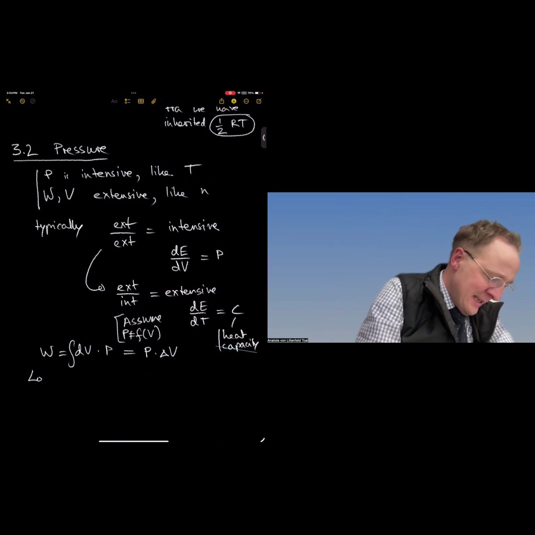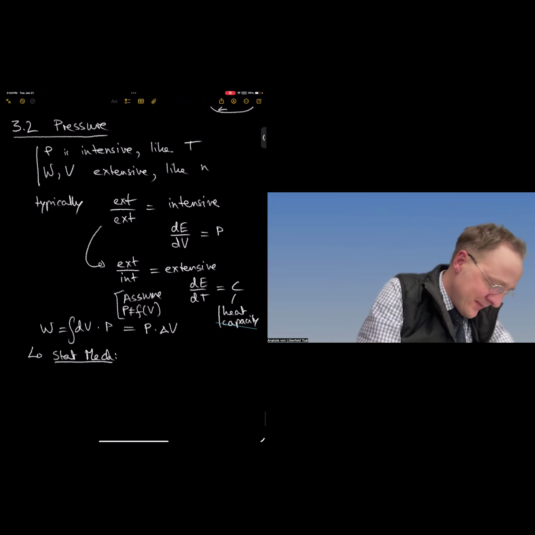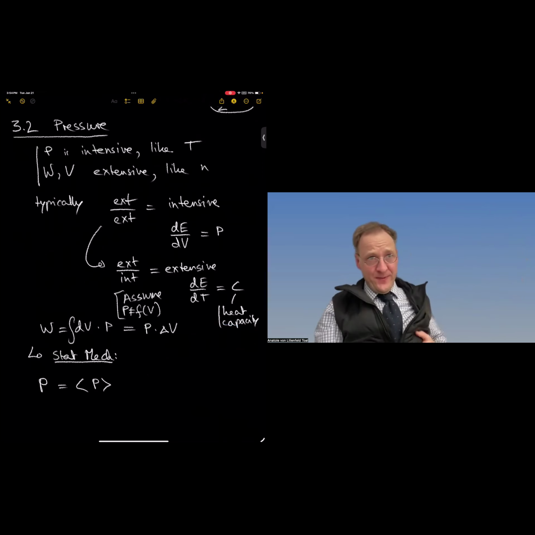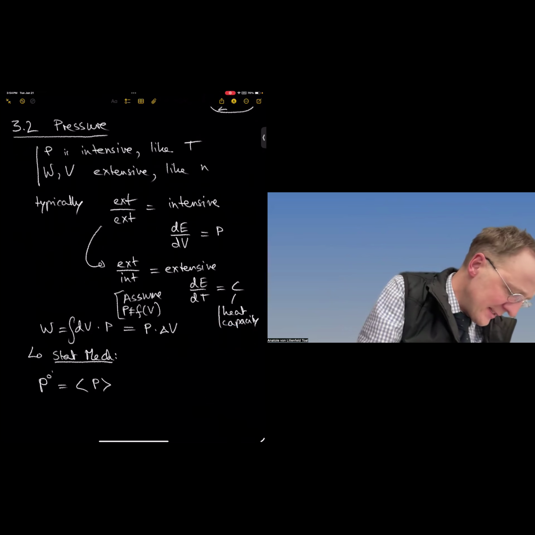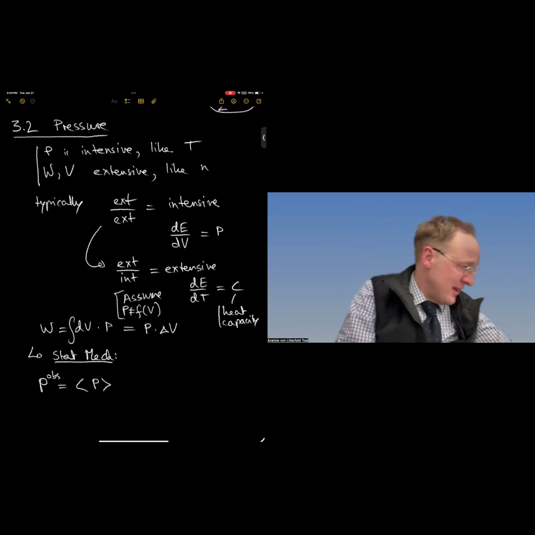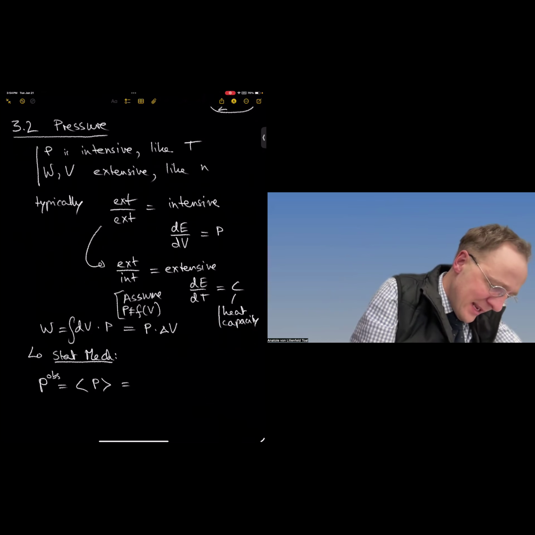Now, let's see what StatMech has to say about the pressure, right? Well, the pressure you'll observe is our average. So that's the observed pressure, our statistical mechanical average.